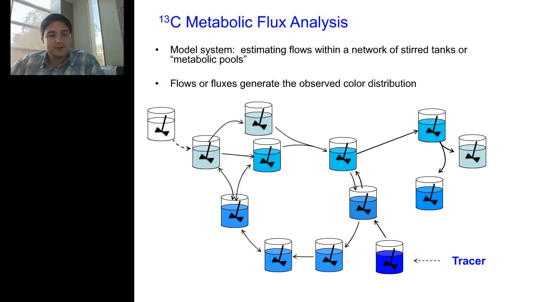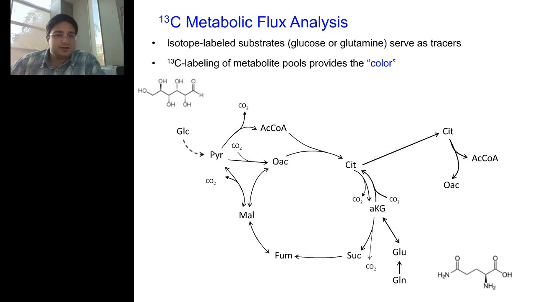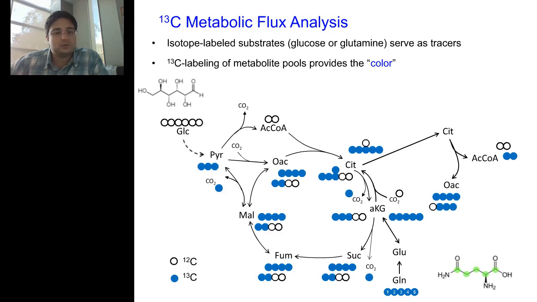Now metabolism is no different, but instead of a set of interconnected reactors or tanks, we have the Krebs cycle shown here, where you have glucose and glutamine carbons flowing into the TCA cycle. But rather than put a dye, what we'll do is incorporate stable isotope labeled tracers.